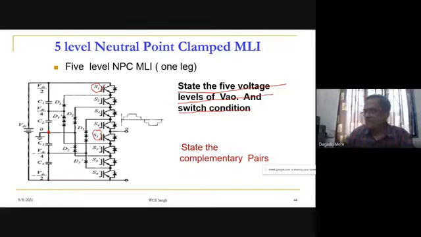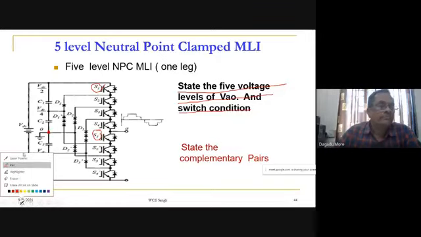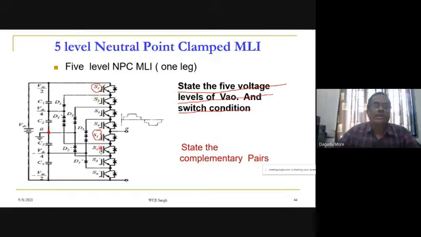Similarly we have S2 and S2 star, S3 and S3 star, S4 and S4 star. So we have four complementary pairs, and each leg has 8 devices. Is it right? Each leg has 8 devices.